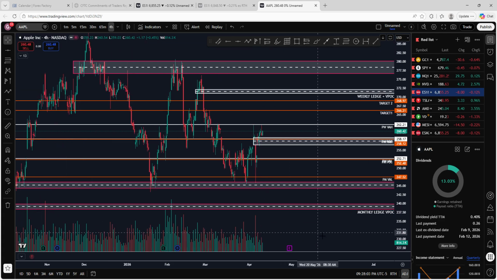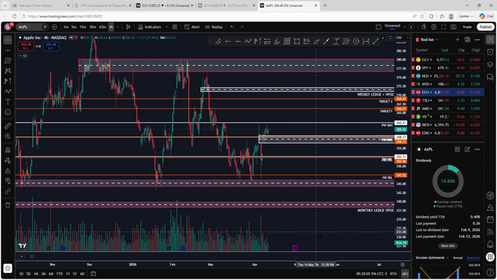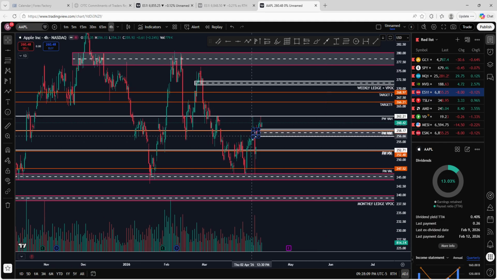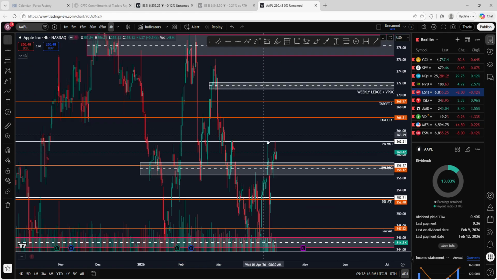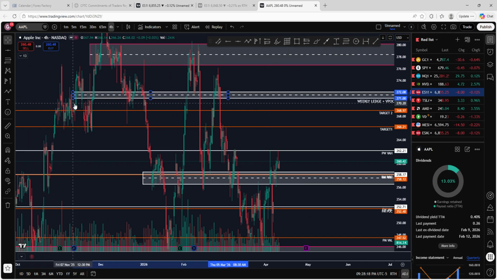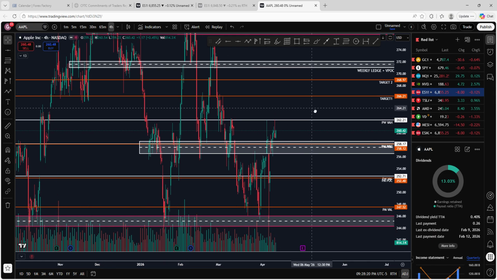All right, and that's kind of what I'm looking at there for Apple. Pretty simple. You're going to be looking at key levels, and again, just play the levels. You come up from the bottom, you short it, you break it, you look for support, you take it long. Pretty simple.